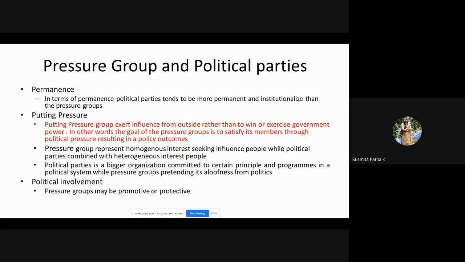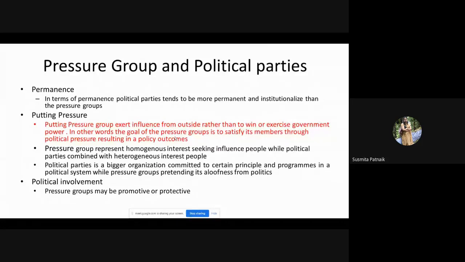But the political party has more ideology, more programs, a larger number of issues. So they are permanent in character. Once these issues are fulfilled, other issues will crop up. Here there is one issue, but there are multifarious issues.